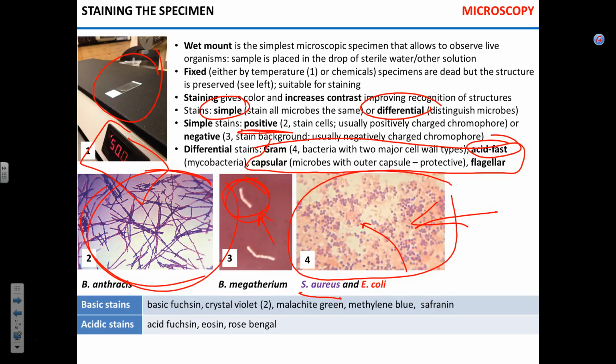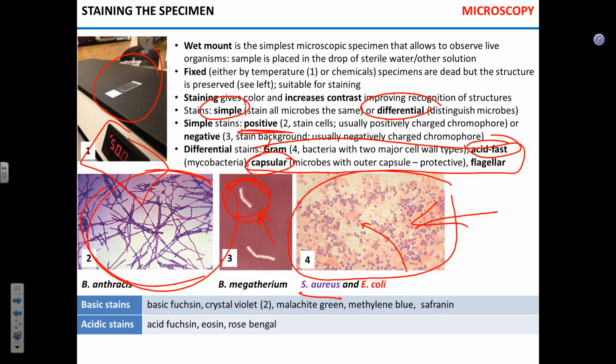Do not mix up mycobacteria and mycoplasma. They are not only different species or genera, they are completely different phyla of bacteria. Okay? Understood? Any questions?